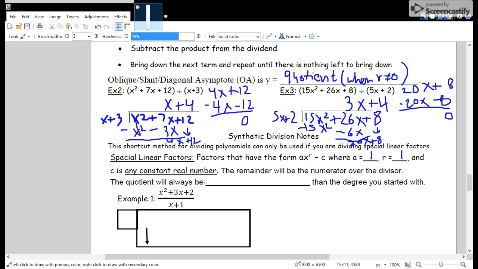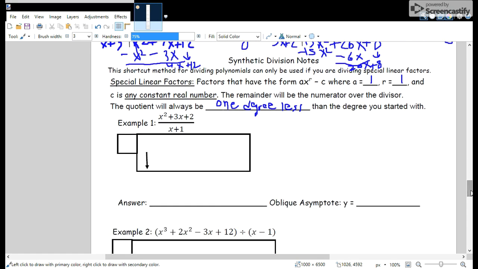The quotient will always be 1 degree less than the degree you started with. For example, this first example, we have a degree of 2. After we find the quotient, our degree will only be 1. Our exponent will be 1 in the answer. Watch the next video to see these ones.